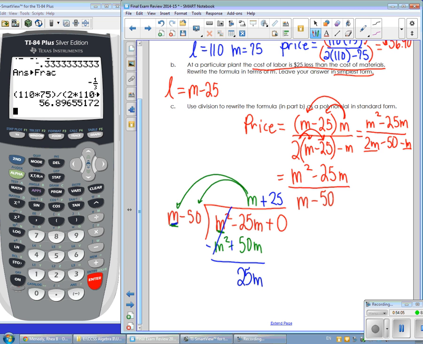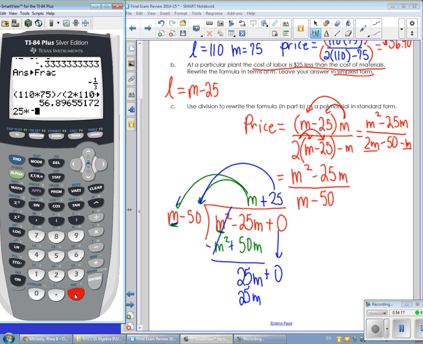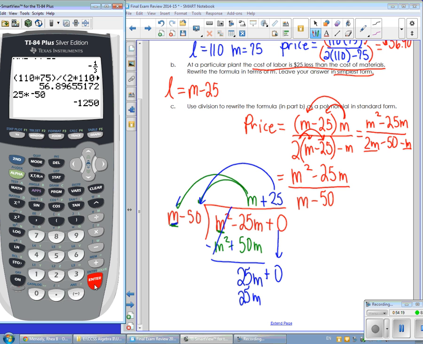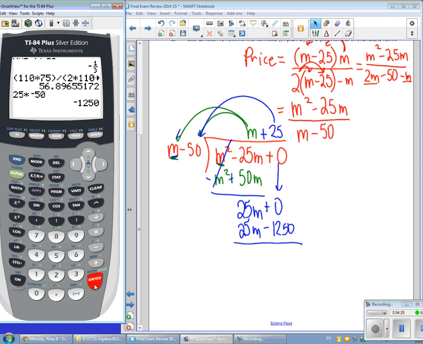And so now I'm going to multiply. 25 times M gives me, and I can bring down this 0, even though it's really not going to make a difference. If I multiply, I get 25M, and then 25 times a negative 50 is a negative 1250. Ooh, we're going to have a remainder. All right. And then the next step is to subtract.